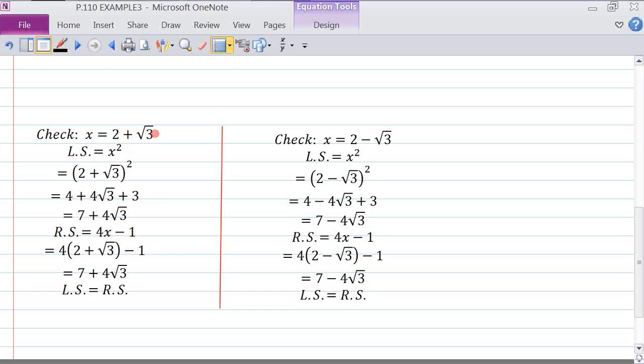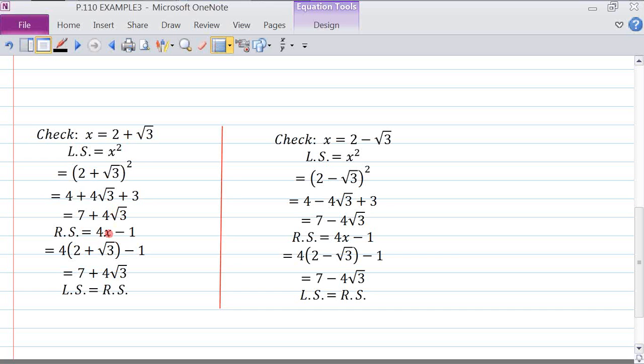If we substitute 2 plus root 3, we get 2 plus root 3 squared. The first times the first gives you 4. The last times the last gives you 3, since root 3 times root 3 is the root of 9, which is 3. The inner term is 2 root 3. The outer term is 2 root 3. If we sum those, we get 4 root 3. So 4 plus 3 is 7, and we've got the 4 root 3.